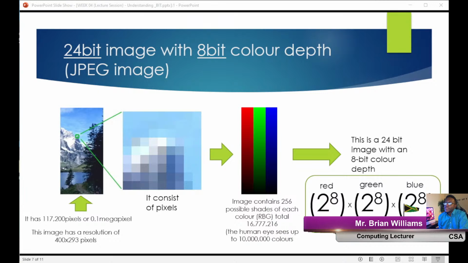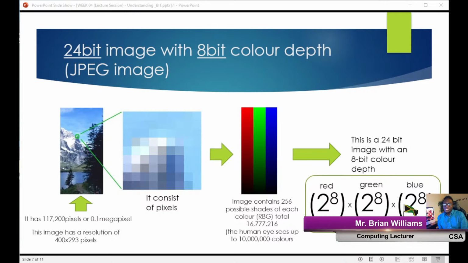Now, most images that you look at on the computer that say 24-bit, it is really saying 24-bit because it has a red channel that has 256 shades of possibilities of red, a green channel that has 256 possibilities of green shade, and a blue channel that has 256 possibilities of blue shade.